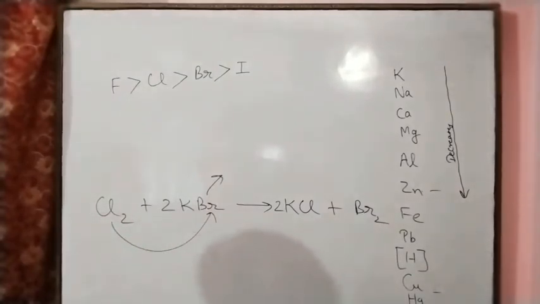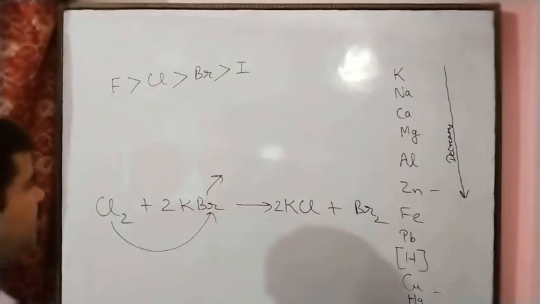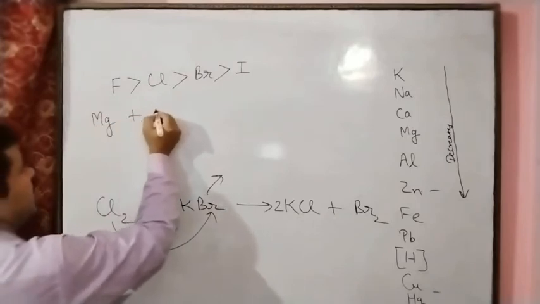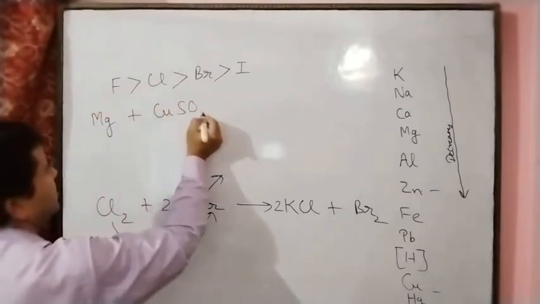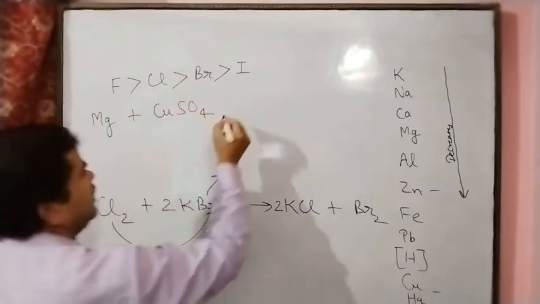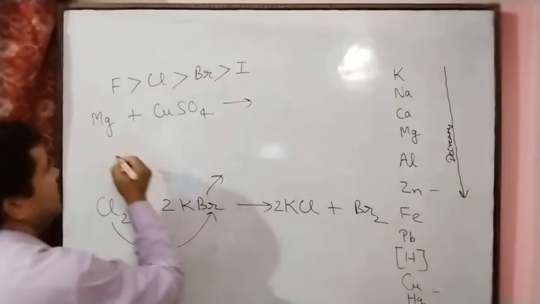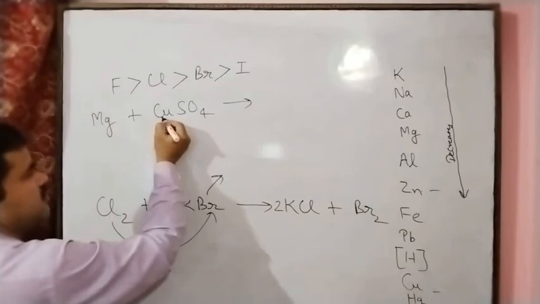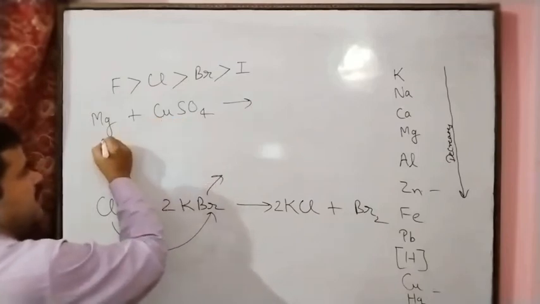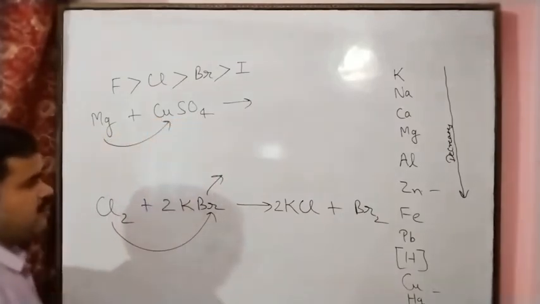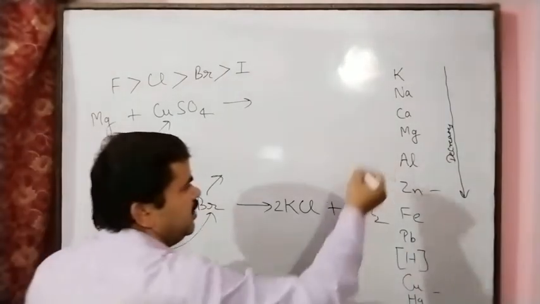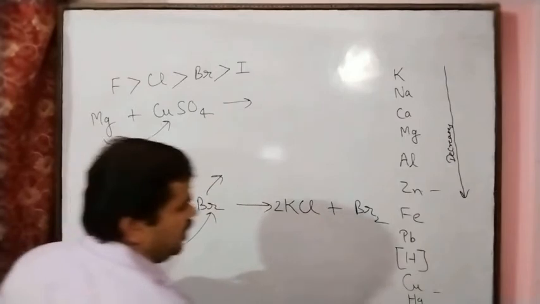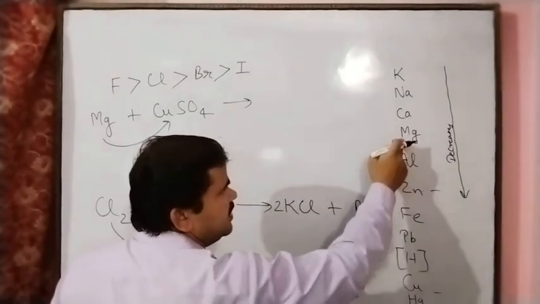In the same manner, other examples are given. Suppose we write Mg plus CuSO4. In this chemical reaction, magnesium is a metal and copper in copper sulfate is also a metal. Magnesium displaces copper. In the activity series, magnesium is placed above copper, meaning magnesium's reactivity is more than copper's.